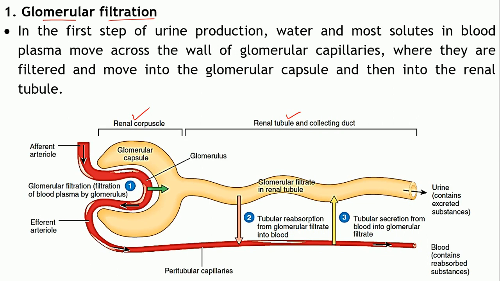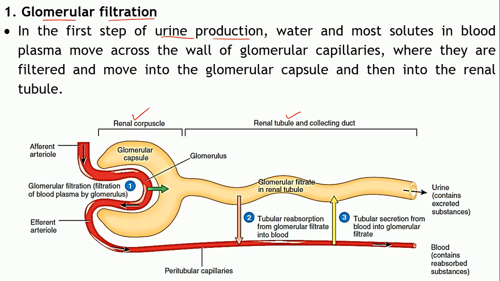Okay, so let us talk about the first step, that is the glomerular filtration. So that's the first step in the urine production. So in your renal corpuscles, the capillary network, that is the glomeruli, they will be involved in the filtration of the blood plasma.